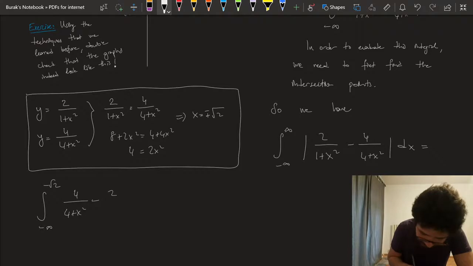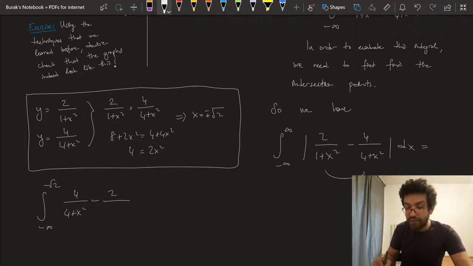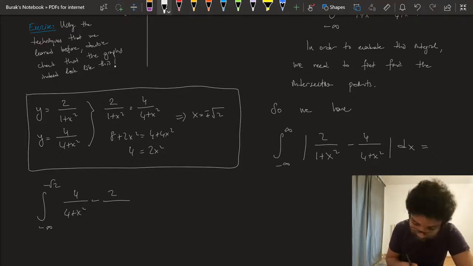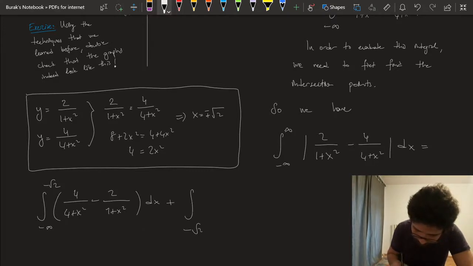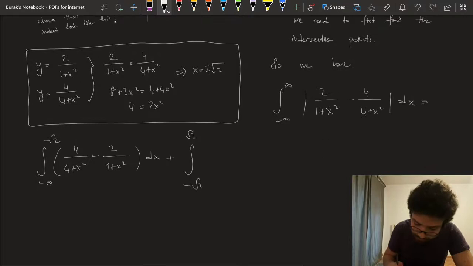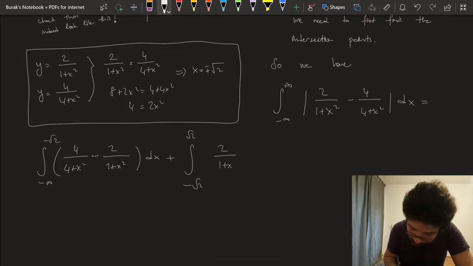So this difference, like this is negative, so when it comes out of the absolute value, it's going to come out as negative. So these signs will flip. Okay, so I have this, and over the interval minus root 2 to root 2, the bigger one is 2 over 1 plus x squared, and this is the smaller one.